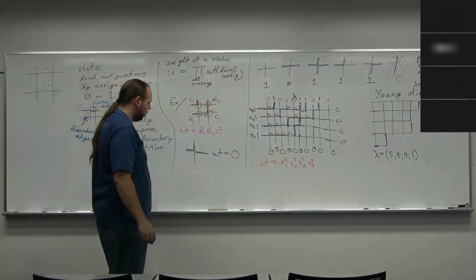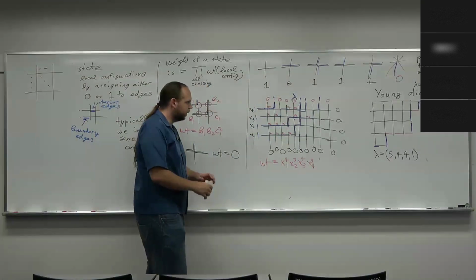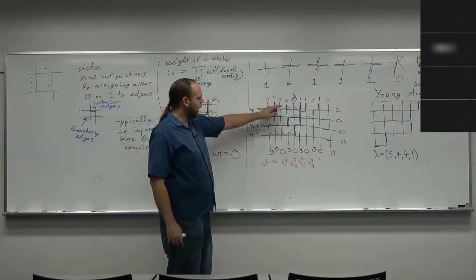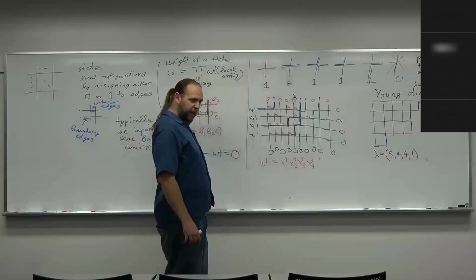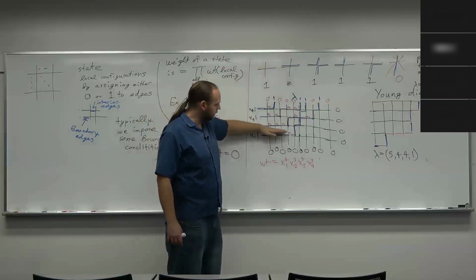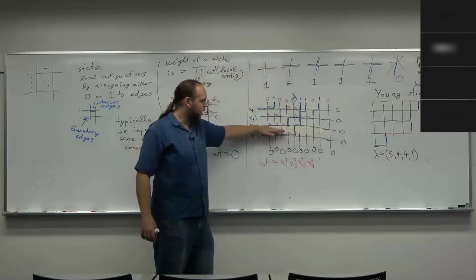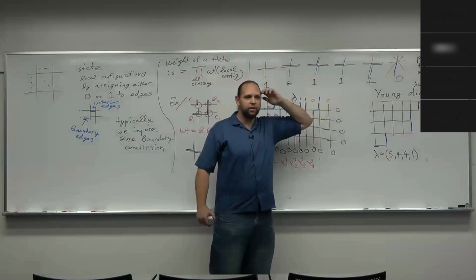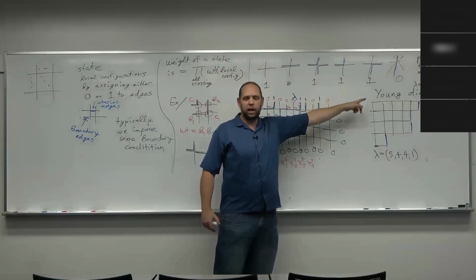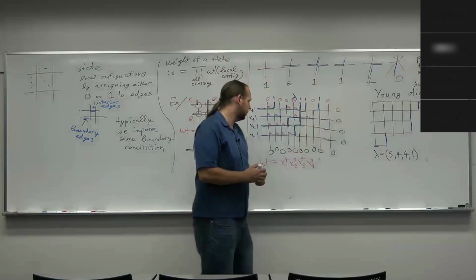And now what I'm going to do is sweep my way up from top to bottom, and I'm going to make a cut here. And I'm going to do this exact same translation to a Young diagram.